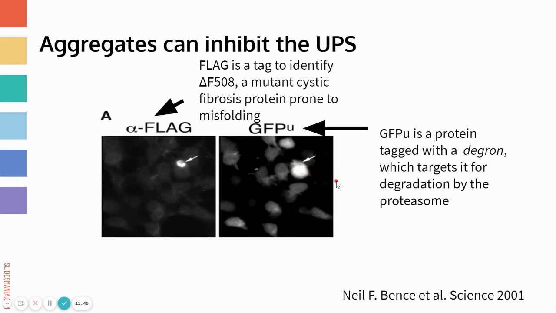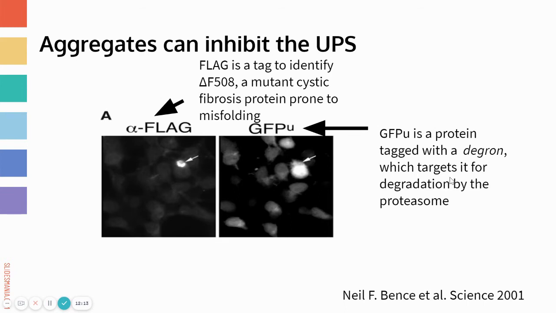This suggests that when there's protein aggregation in a cell, it inhibits the ubiquitin proteasome system from working properly. So this cell where there's an aggregated cystic fibrosis protein isn't able to degrade the GFP with the degron. And that is presumably because the proteasome isn't working properly.